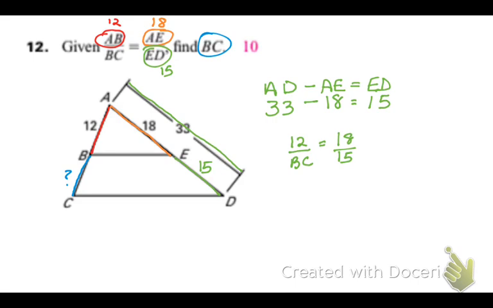I have all these written out so I don't make a mistake. So 12 times 15 is equal to 18 times BC.